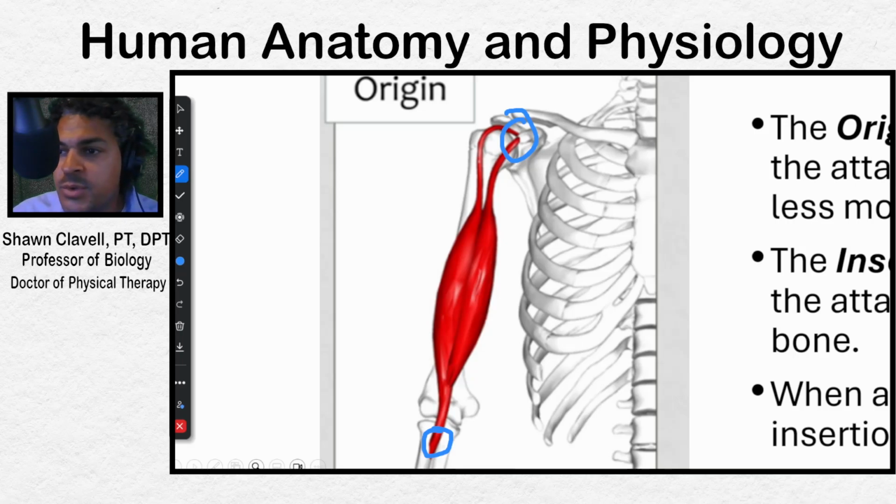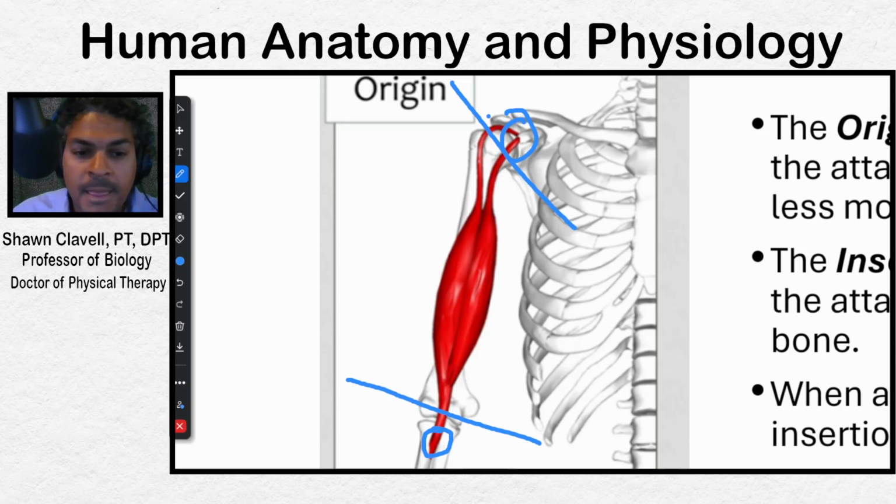The radial tuberosity. And you can see here's the elbow joint it crosses. It also crosses the shoulder joint in the front. So this muscle would be helpful or responsible for flexing the elbow because it crosses the elbow joint, but also for flexing the shoulder, pulling the shoulder forward as well.